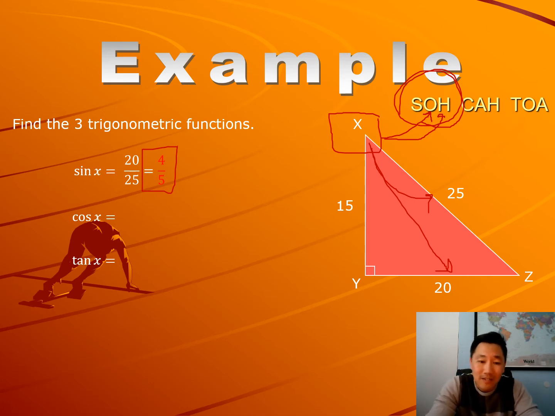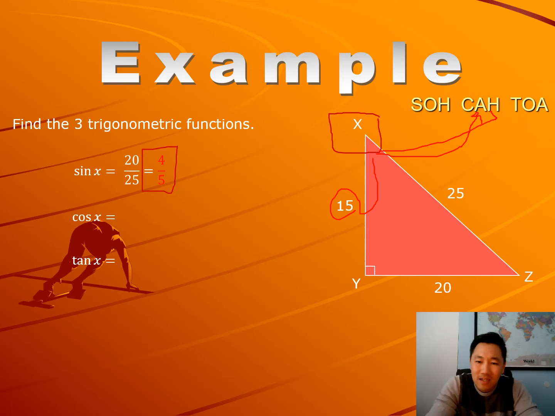Let's do cosine of x. So here's x. Cosine of x is adjacent, which is the 15, and the hypotenuse, which is 25. So 15 over 25 reduces down to 3 over 5.